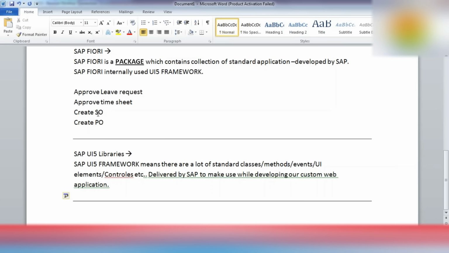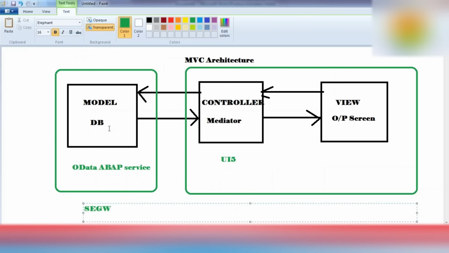So I was trying to make you understand what the different tools are. ACGW is one of the tools that we use to develop our OData web service, and to develop our UI5 we need to use either Eclipse or Web IDE.